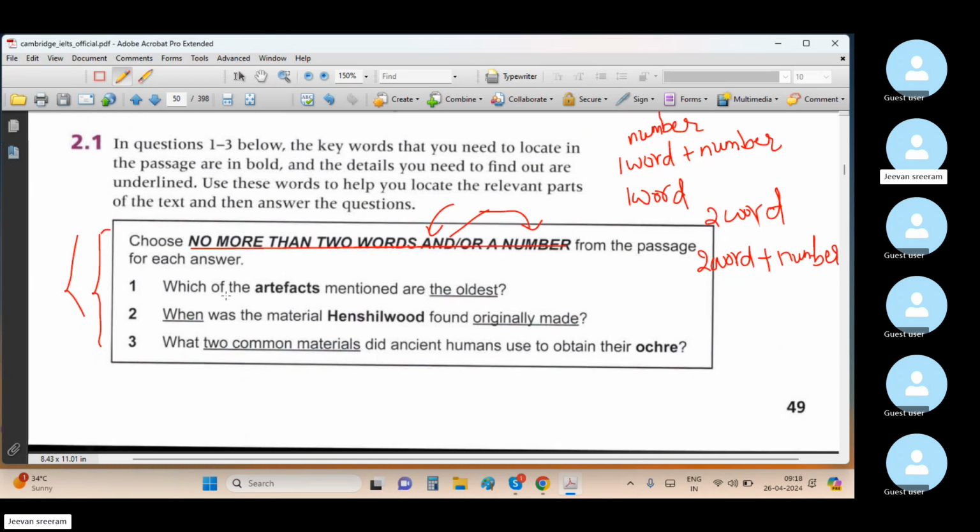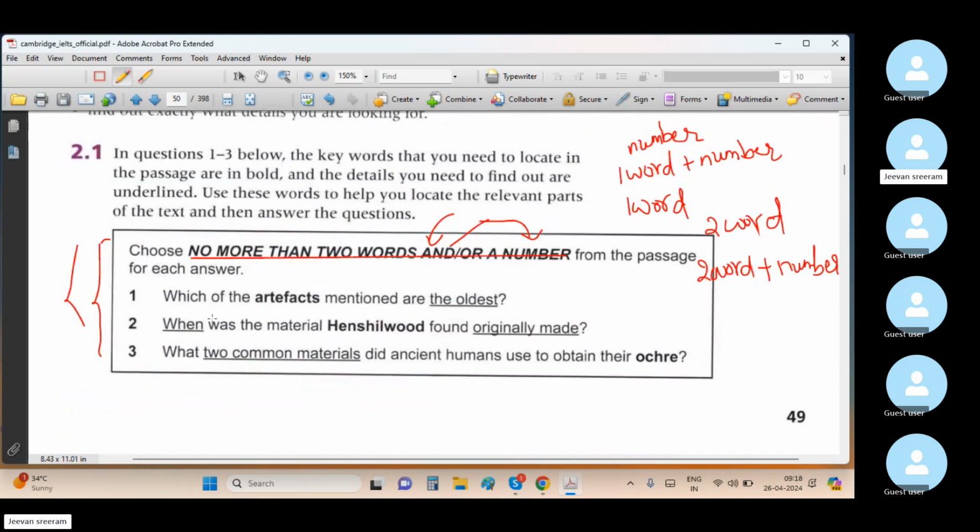Now, let's answer these questions. Which of the artifacts mentioned are the oldest? As per this question, there are artifacts mentioned in the passage. Out of all the artifacts, which are the oldest?